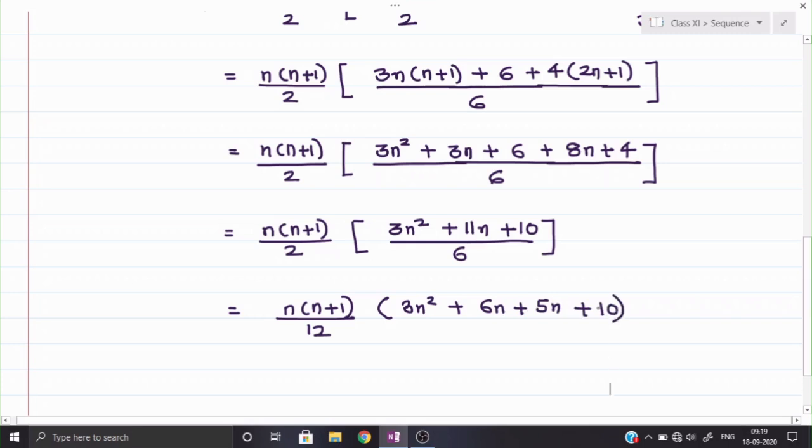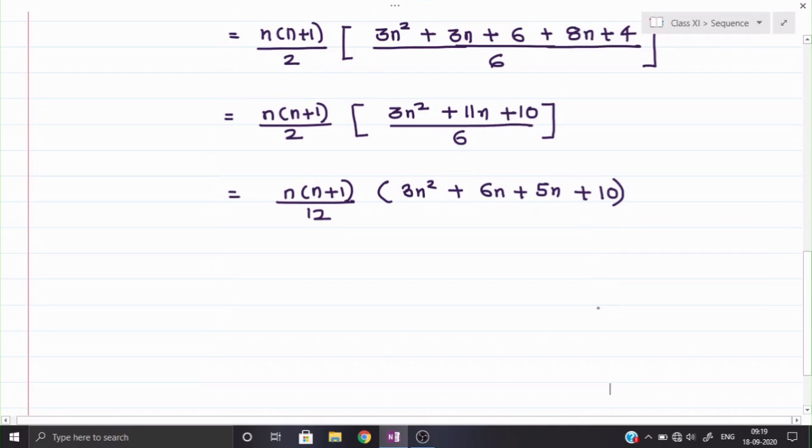Okay, now further we'll take the common. So if we take common terms, n into (n plus 1) upon 12 will be as it is. From here I am taking common 3n, so remaining will be here n plus 2, plus from here I am taking 5 common, remaining is here n plus 2 again.